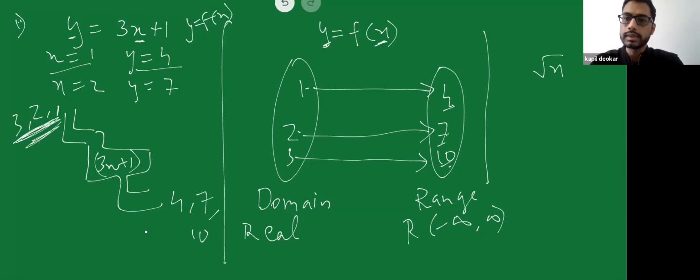If I put in negative values in this machine, I'll get the square root of a negative number, which is going to be imaginary, and hence my machine won't work. Therefore, for this function, root x, to work, I need all my inputs as positive or 0. Therefore, my domain in this particular case is going to be all values which are 0 or greater than 0. And if I'm putting 0 or greater than 0 values, what output will I get? I will get 0 or positive values only.